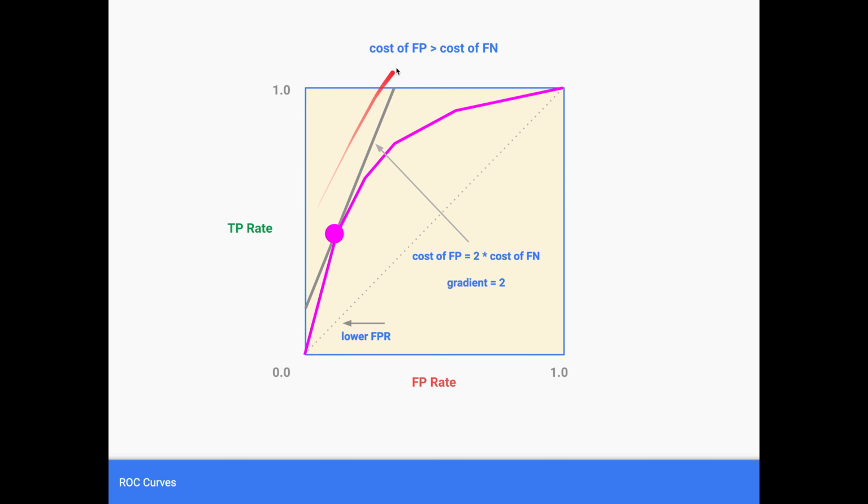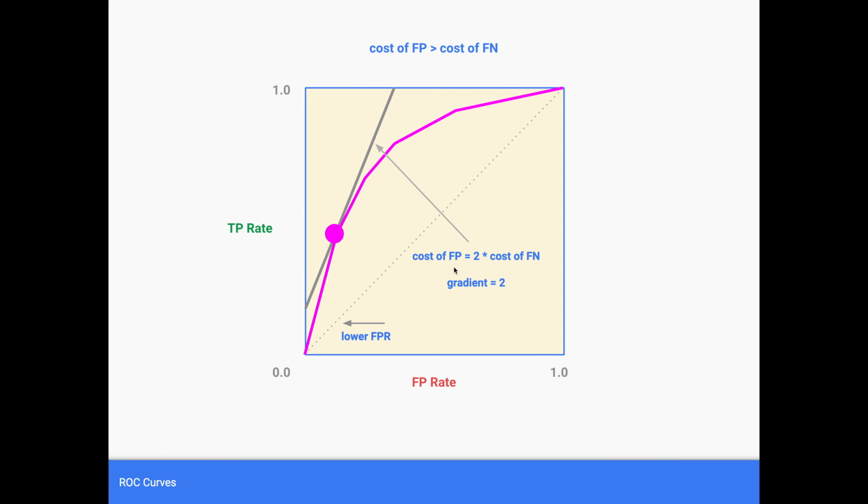So we move a line with gradient 2 until it touches this ROC curve, and we can see that it touches it at a point with lower false positives, which is what we wanted, and unfortunately lower true positive rate. It's a more conservative, more cautious classifier, and that takes into account this point of the false positives being twice as expensive or costly as the false negatives.